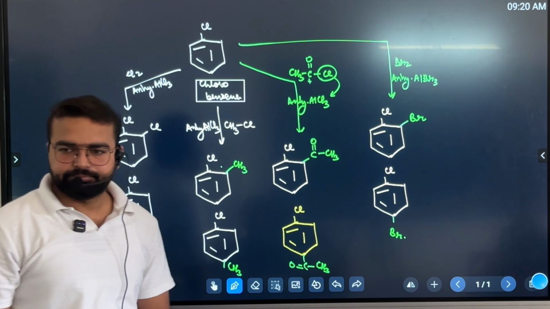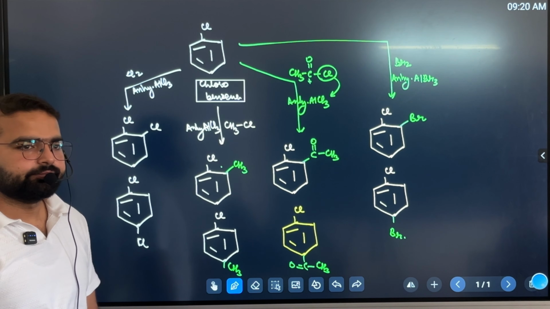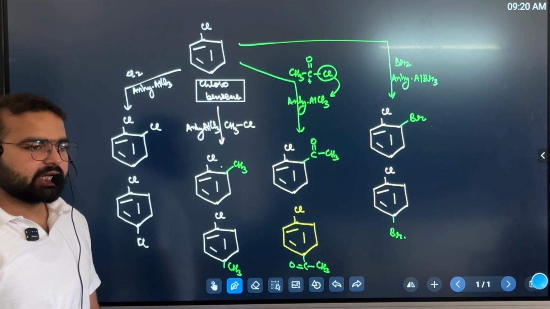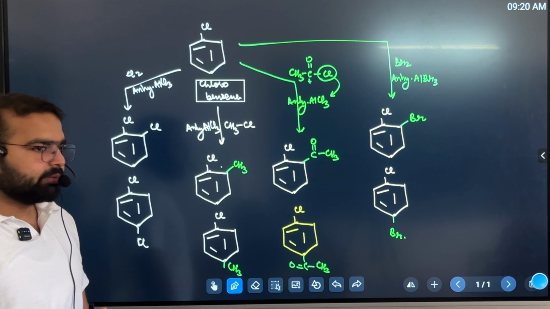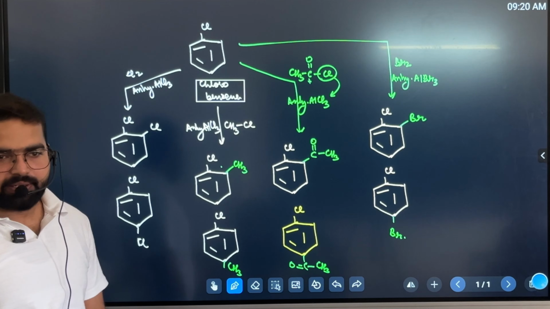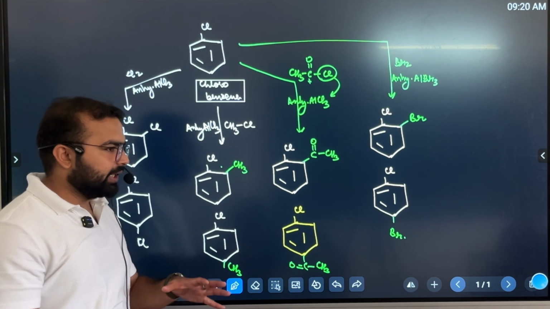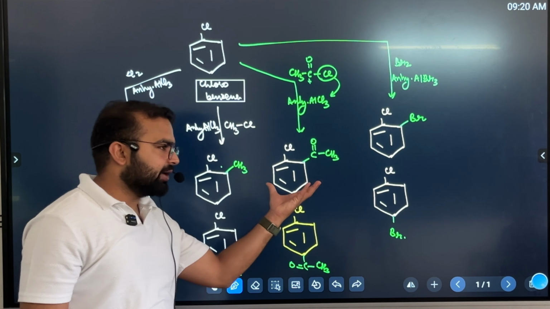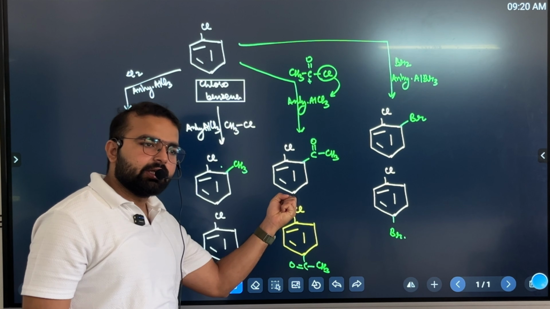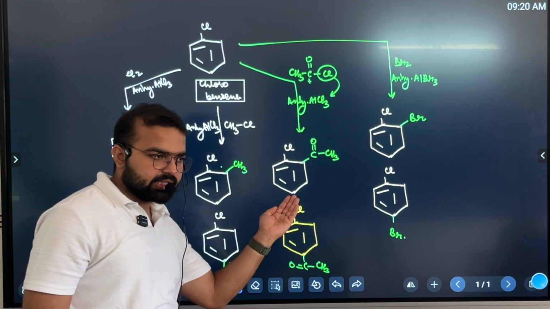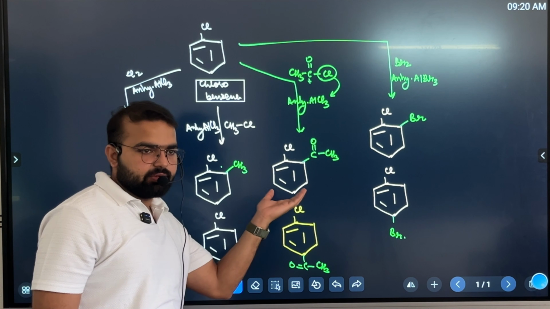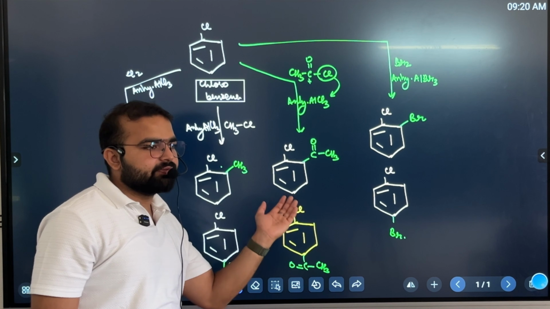Clear? Anyone, any doubt? It is just a start for the reactions. Whenever we move into depth, in the third step you will have these chemicals already, and then you will understand what will happen if you do the reactions for these compounds further.